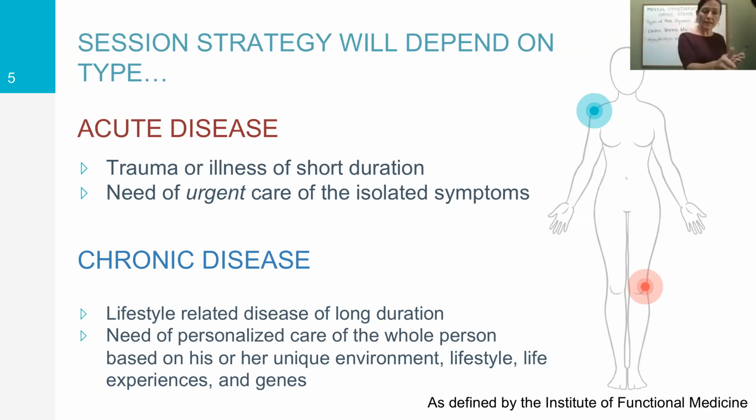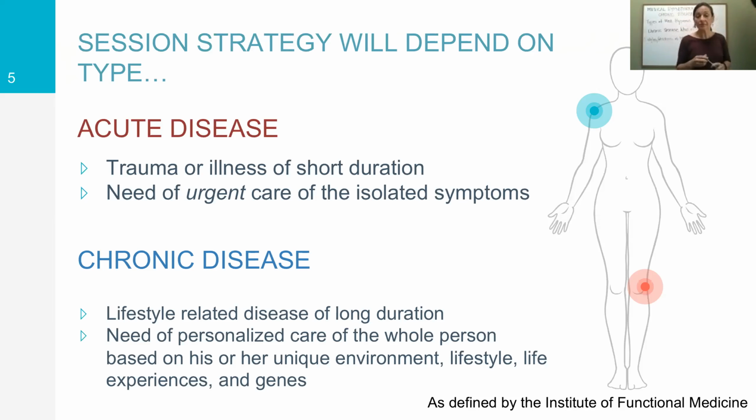Functional medicine defines chronic disease as a lifestyle-related disease of long duration. Once you know you have the chronic disease, you have it for a very long time or for the rest of your life. It's actually in your body months and even years before you detect the first symptoms.